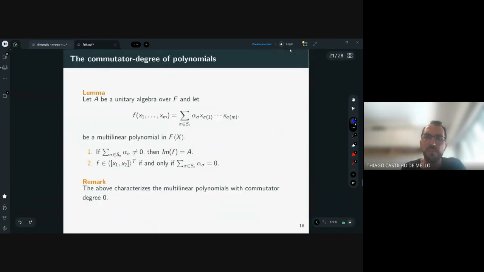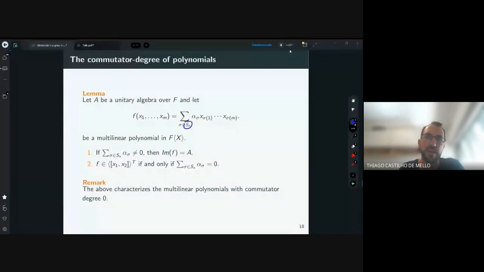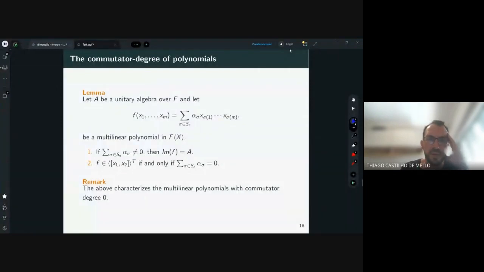Okay, so any multilinear polynomial can be written this way. It's uniquely defined by these coefficients here, which are in the field, indexed by elements of the symmetric group. And we can show that if you have a unitary algebra, then if the sum of these coefficients is non-zero, then the image is the whole algebra. It's simple to prove this because you can consider the substitution of any variable by one, except the last one that we evaluate by a matrix M divided by the sum of coefficients, which is non-zero.